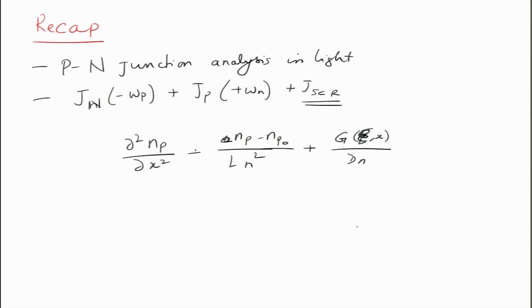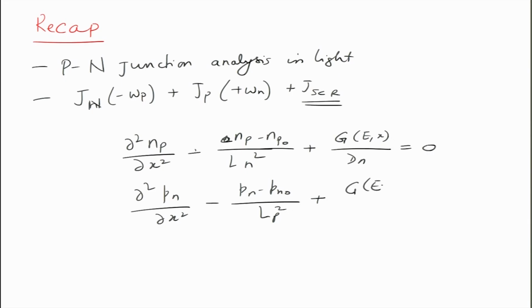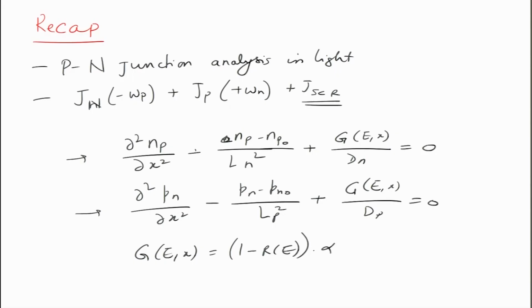So, sorry, let me correct, this should be G ex divided by Dn is equal to 0, and then we looked at del 2 Pn del x2 minus (Pn minus Pn naught) divided by Lp square plus G ex divided by Dp, that is equal to 0. So, one is for electrons and another is for holes, both are minority carriers, and where we looked at G ex, which was equal to (1 minus Re) into alpha into the incident radiation Is, into e to the power minus alpha x.